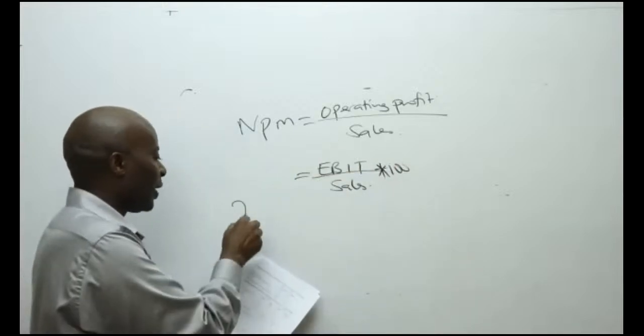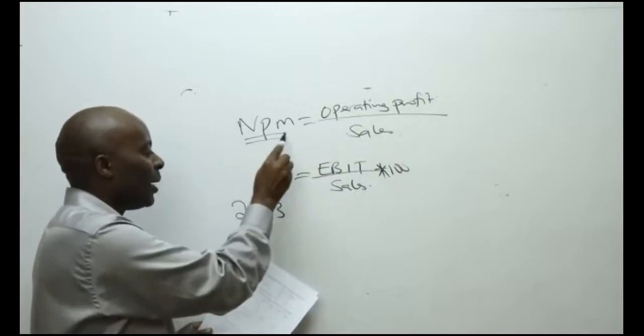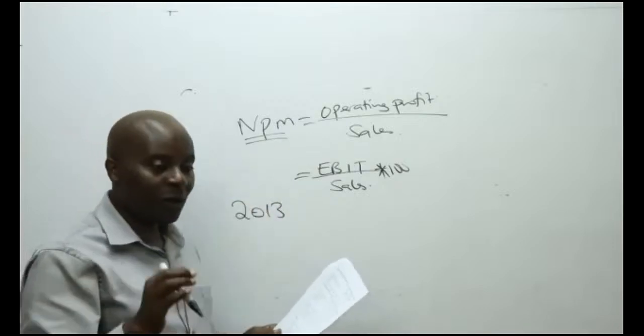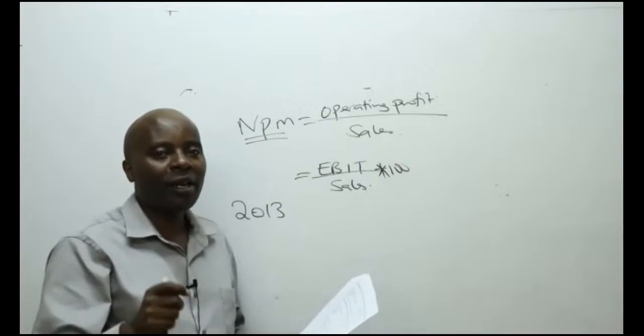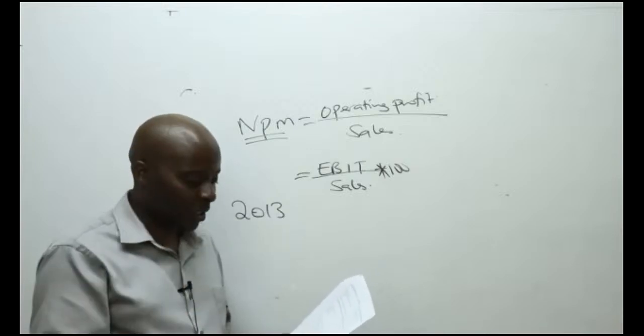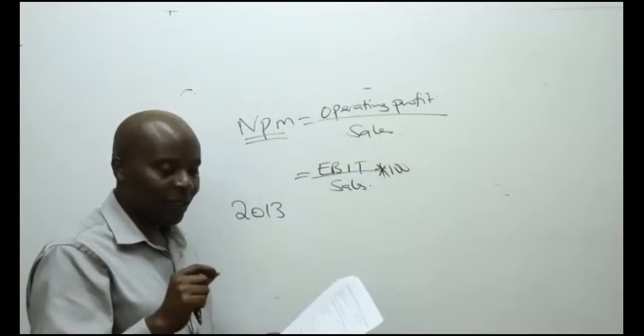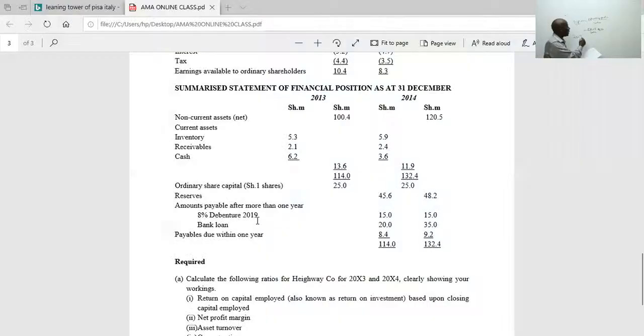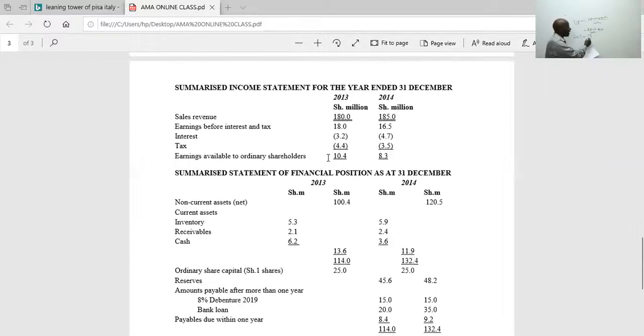So come and give us the net profit margin for the year 2013. Remember, if you have a question, you raise your hand and we'll give you an opportunity to address the congregation. For 2013, I can see the EBIT is 18, divided by the sales. From the income statement, the sales revenue in 2013 was 180, times 100.